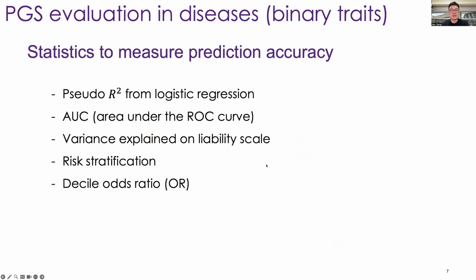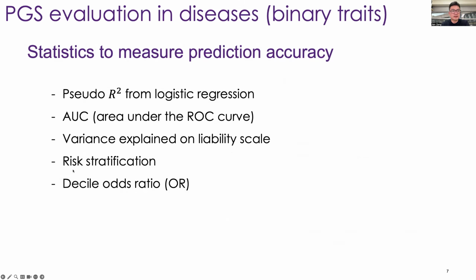These are the commonly used statistics for binary traits or diseases. First is the pseudo R-square from logistic regression. The AUC, or area under the ROC curve, is also commonly used in the field. The best statistic is probably the variance explained on the liability scale, and we will talk a little bit more about this soon.